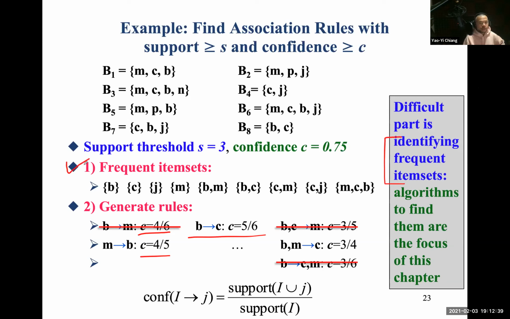So let me ask you this. If you look at here, this involves 2 computational steps, right? 1, finding frequent item sets. 2nd, generate the rules. Well, maybe we can add a 3rd step, which is to generate all the confidence values. So why are we saying that this is the most difficult step? Anybody?